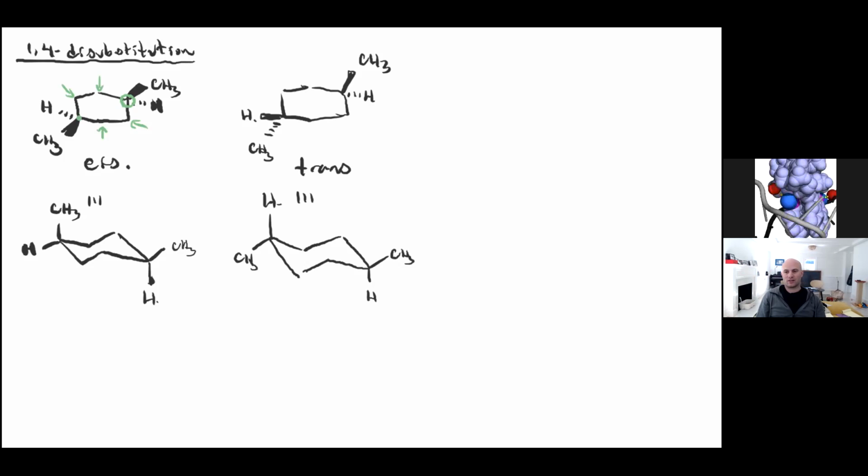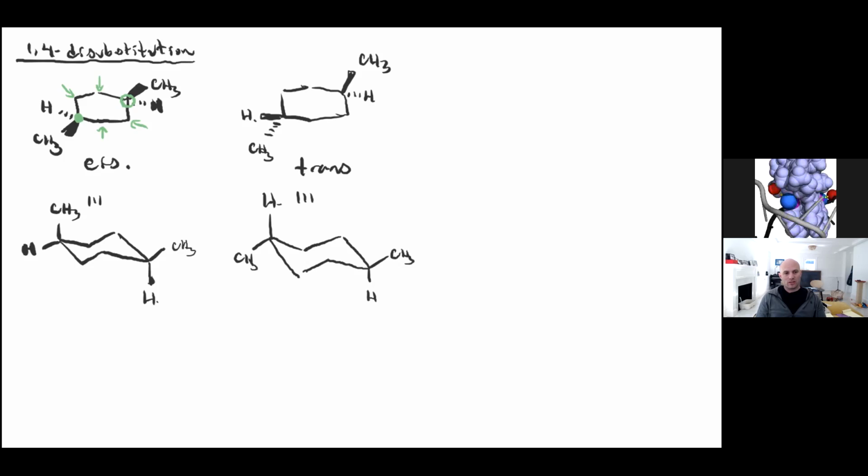And so that is not a chiral center. It's the same thing at the other carbon. There are only 3 types of substituents there. It is not a chiral center. And so the molecule itself is achiral. There's no need to think about enantiomers or to worry about enantiomers.